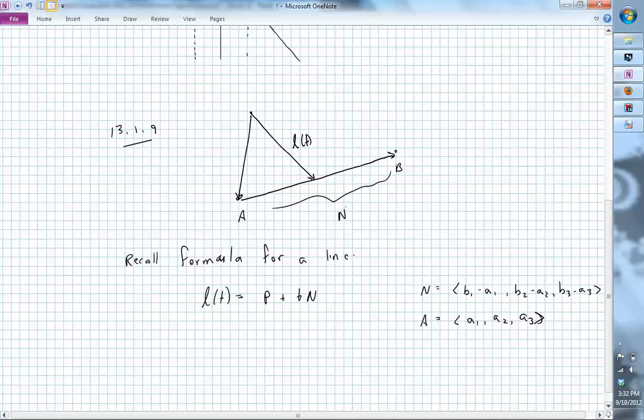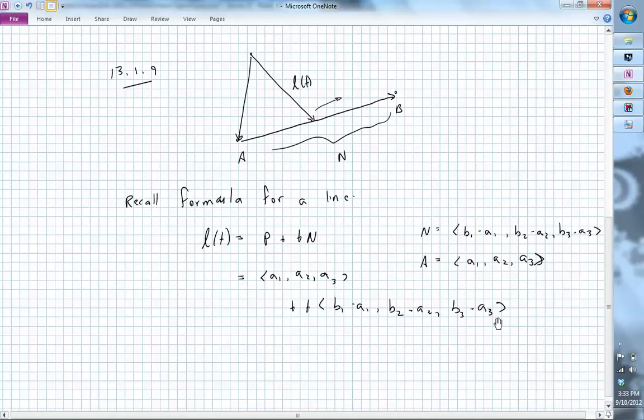So what happens as t increases? As t increases, this guy sweeps out the line. It goes in that direction, okay? All right, so that's the picture. Let's finish off the equation of the line here. A1, A2, A3 plus t times B1 minus A1, B2 minus A2, B3 minus A3.